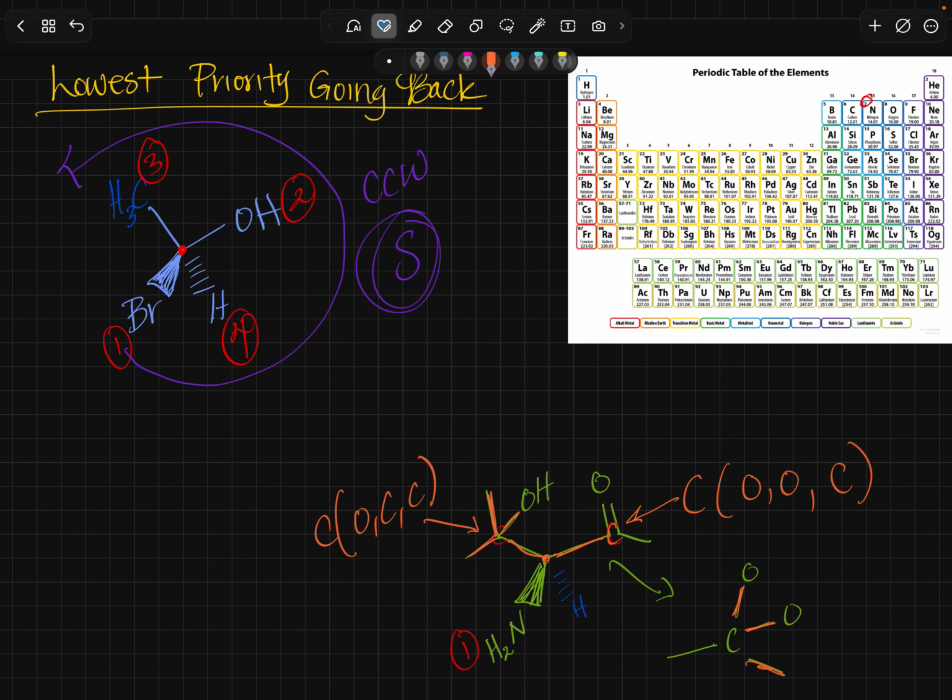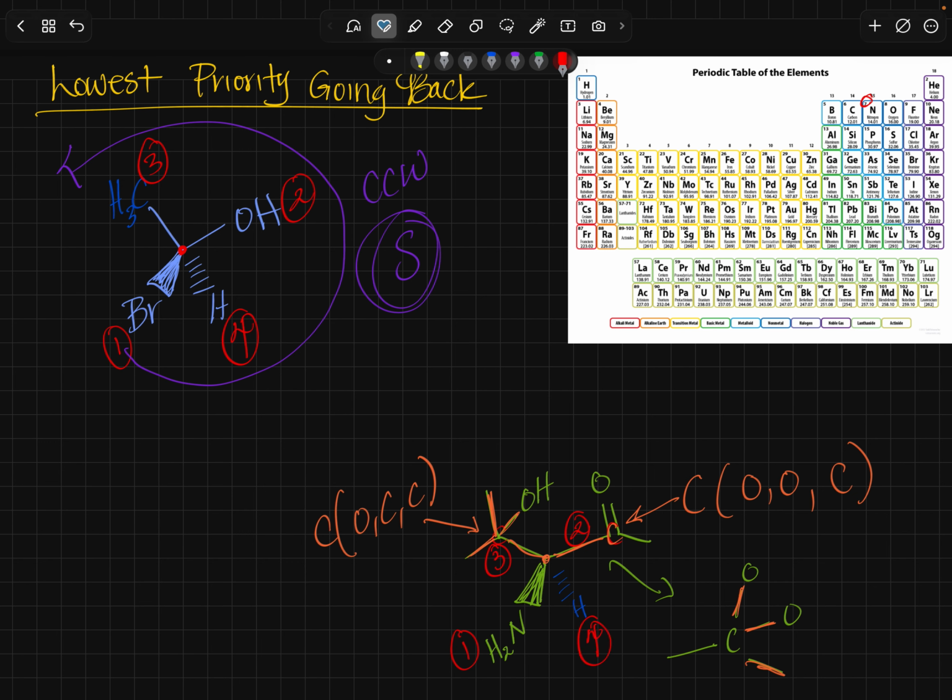Now we're going to compare these two. On the right carbon, we have 2 oxygens, and on the left carbon, we have 1 oxygen. So the right carbon is our second priority group. The left carbon is our third priority group. And our fourth priority group is the hydrogen.